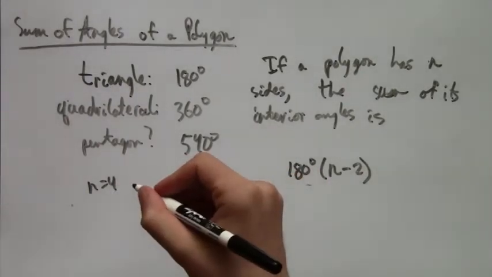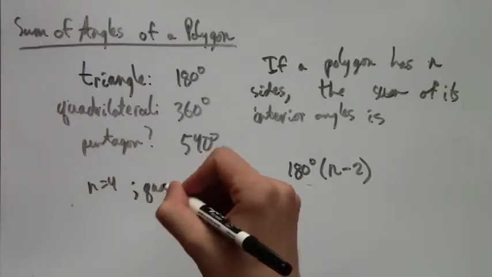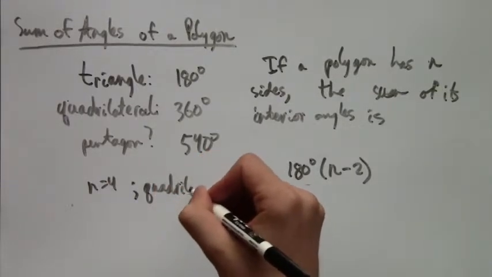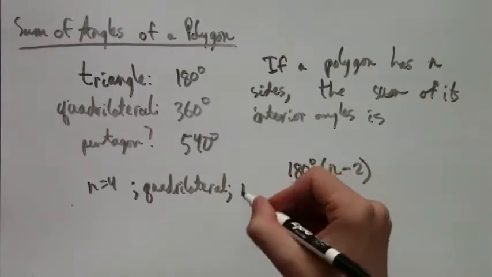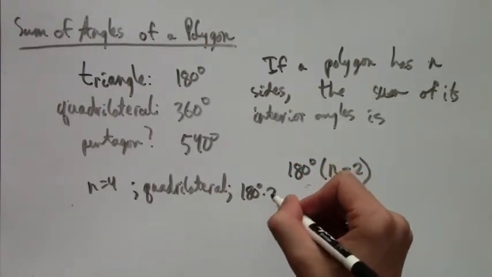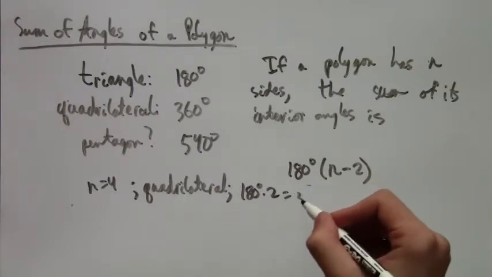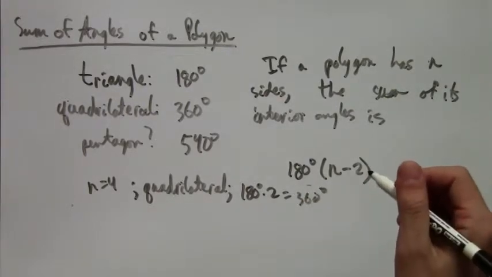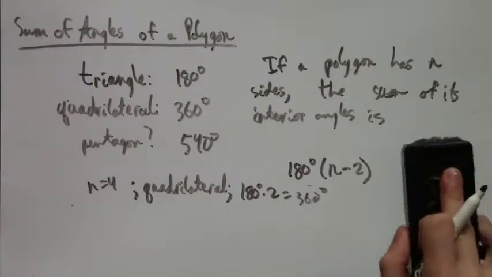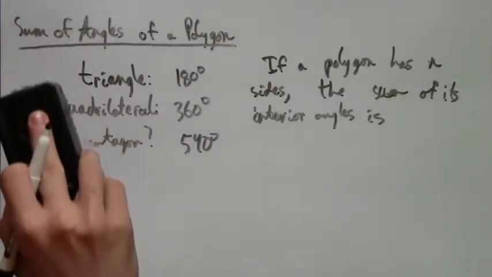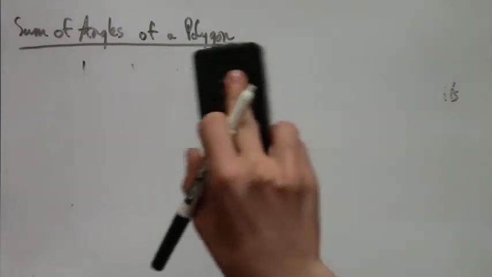That's a quadrilateral, because it's got 4 sides. If we plug it into the formula, we get 180 times (4 minus 2), which is 2, and 2 times 180 is 360 degrees. So it agrees with what we know. So this is the correct formula.